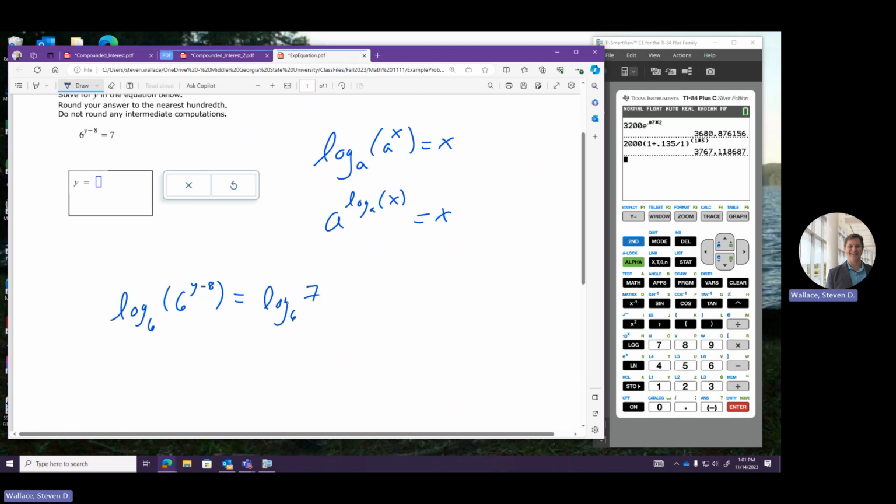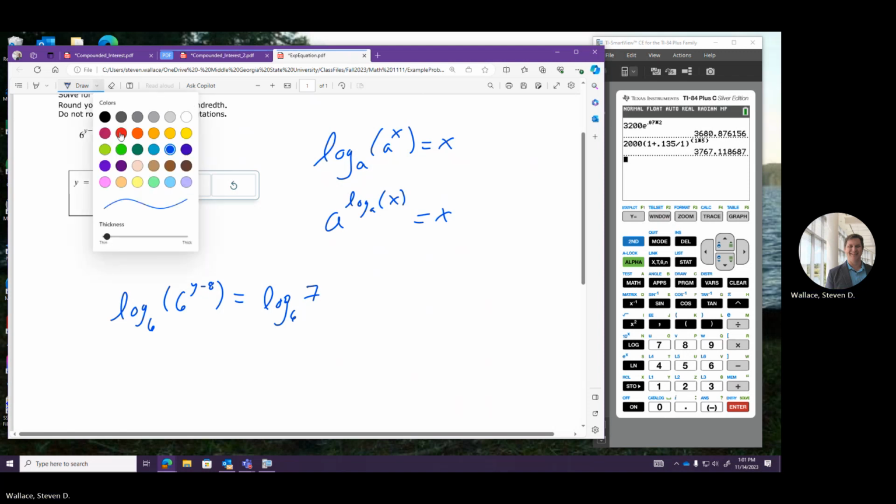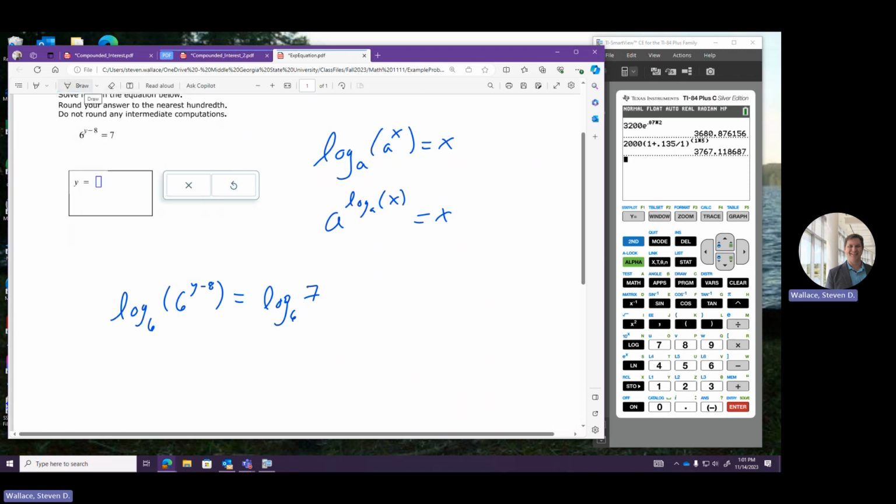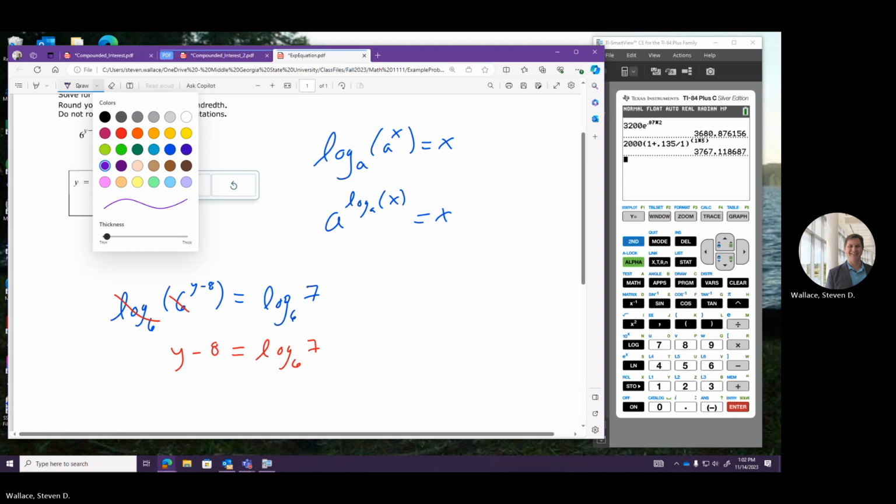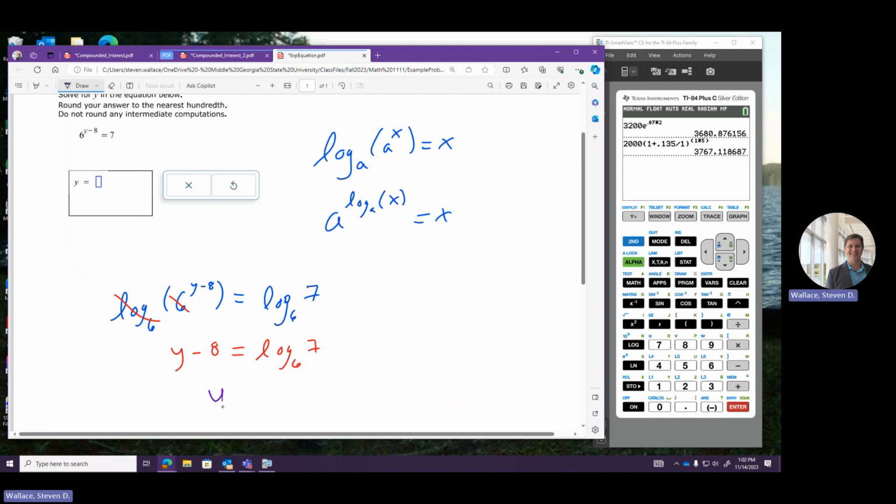Okay, there's other ways that are probably described in ALEKS. Just switching to logarithmic form is another way to think about this. But the log base 6 and the 6, they will cancel each other. And so what's left on one side is just y minus 8. Okay, then now we can just solve for y. We add 8 to both sides, so we get y equals log base 6 of 7 plus 8.